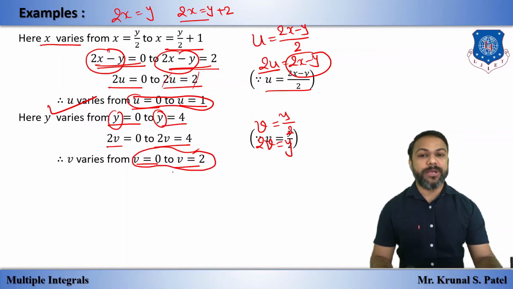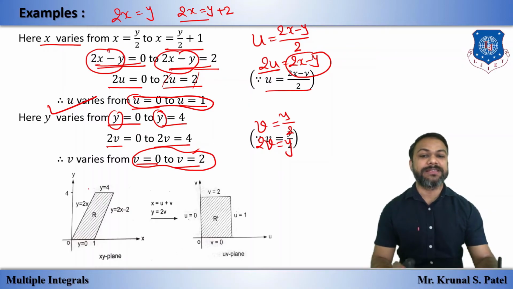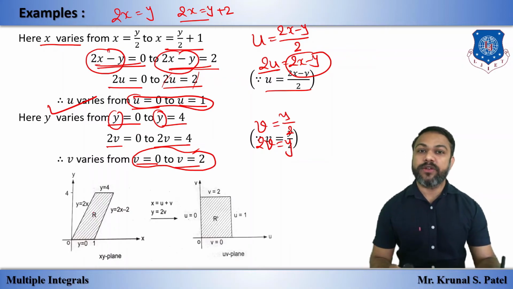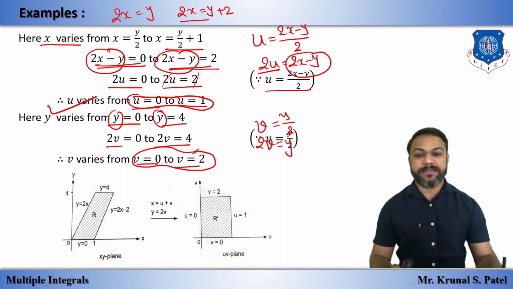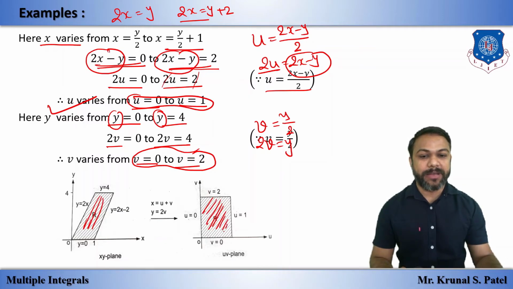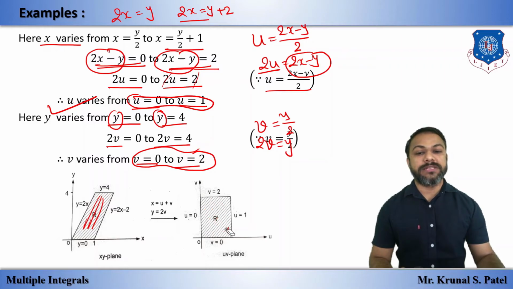From the new limits and the old limits, we have this graph. How do we draw the graph? We have already studied this in previous lectures. This is the region which is given, and this is what we obtained by change of variable. Now this is a rectangle. If we make a vertical strip, which variable is vertical?